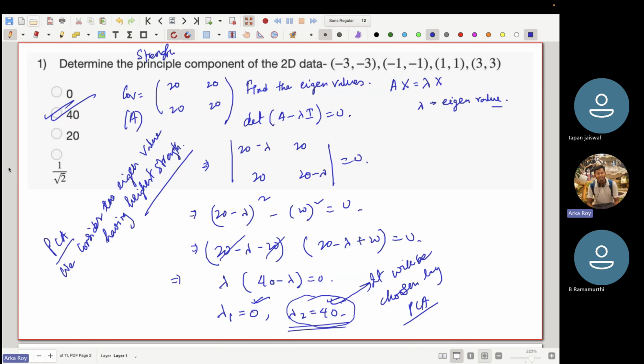So counterintuitively, they are asking the strength, not the vector. You have to be intuitively correct that as they have given scalar values in the options, that means they are asking to extract the eigenvalues, not the eigenvectors. And the eigenvectors are actually the principal components.